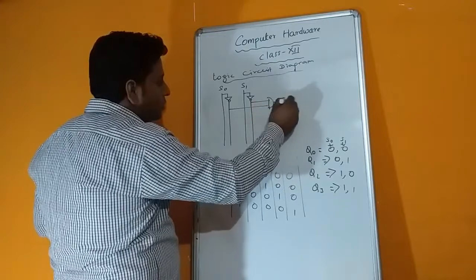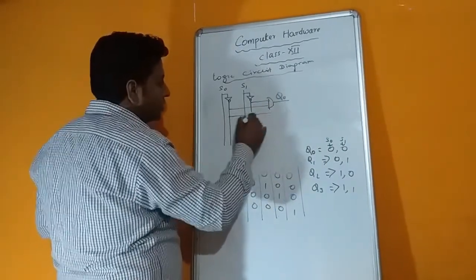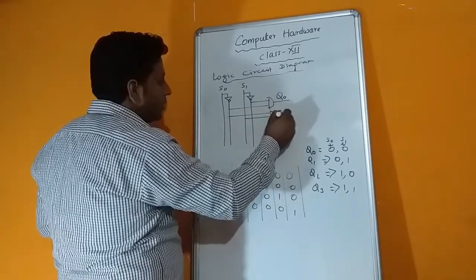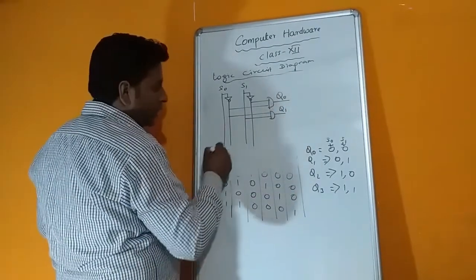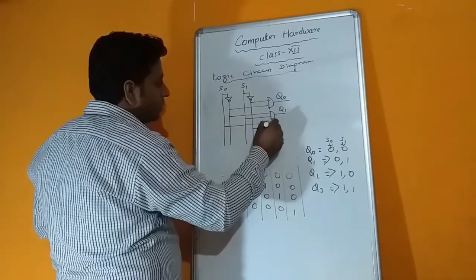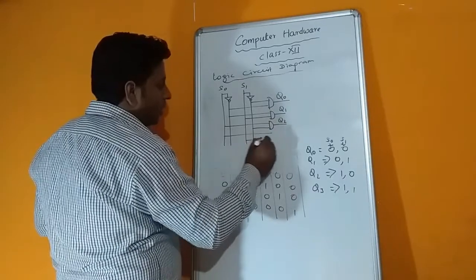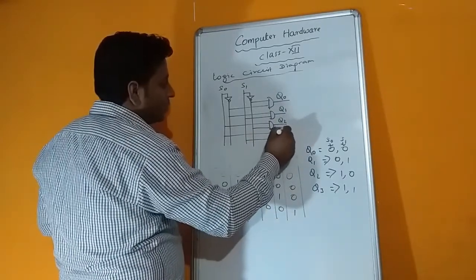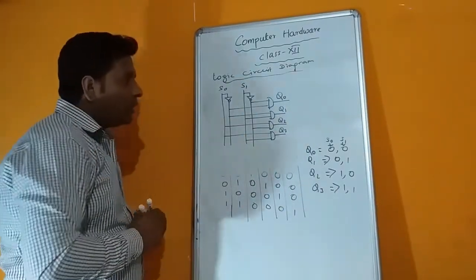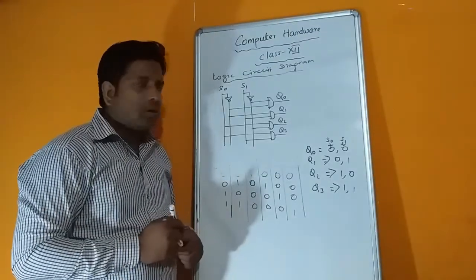The AND gate we'll be using, that's Q0. Second part is 0, 1, Q1. Third part is 1, 0, this is Q2, and this is 1, 1, that is Q3. So children, up to this much was same as decoder. Okay, 2 into 4 decoder.